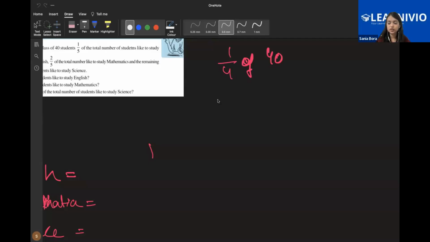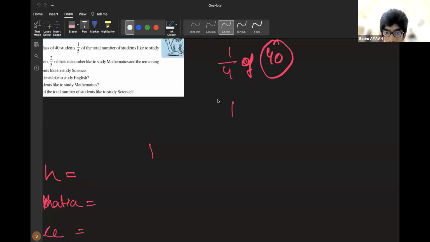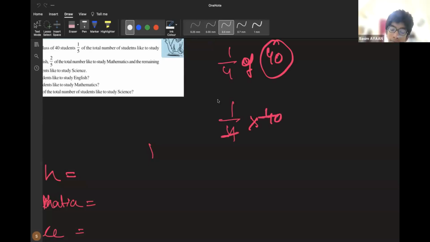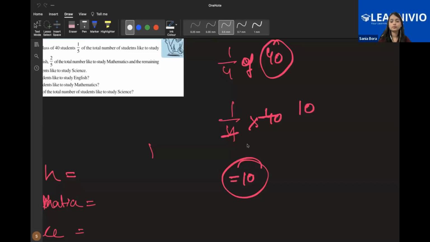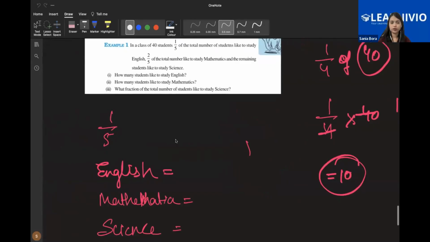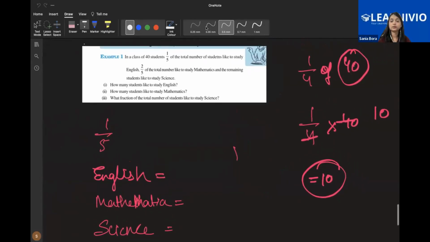You will do 1 upon 4, and of means into, and 40. So 4 tens are 40, so basically I need 10 rupees. Okay? Clear? So this is the question. You have to find this. Quickly do it and tell me the answer.